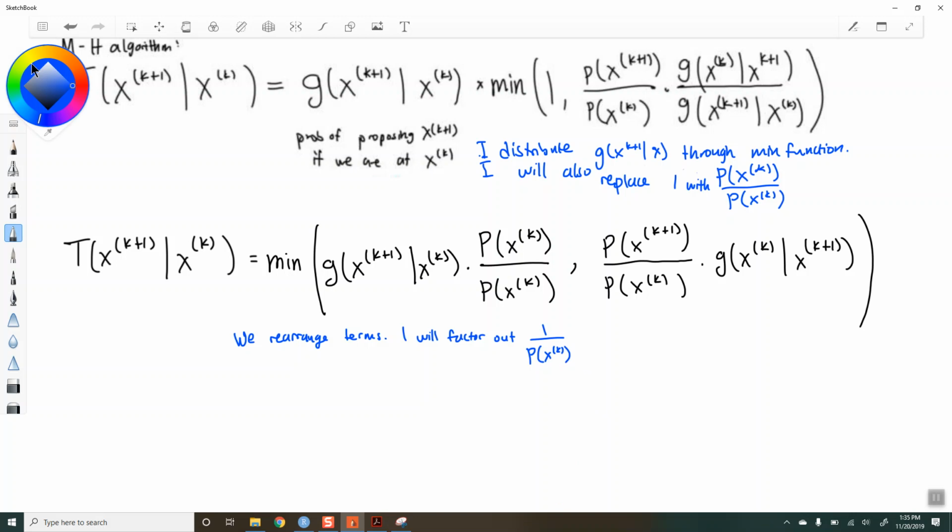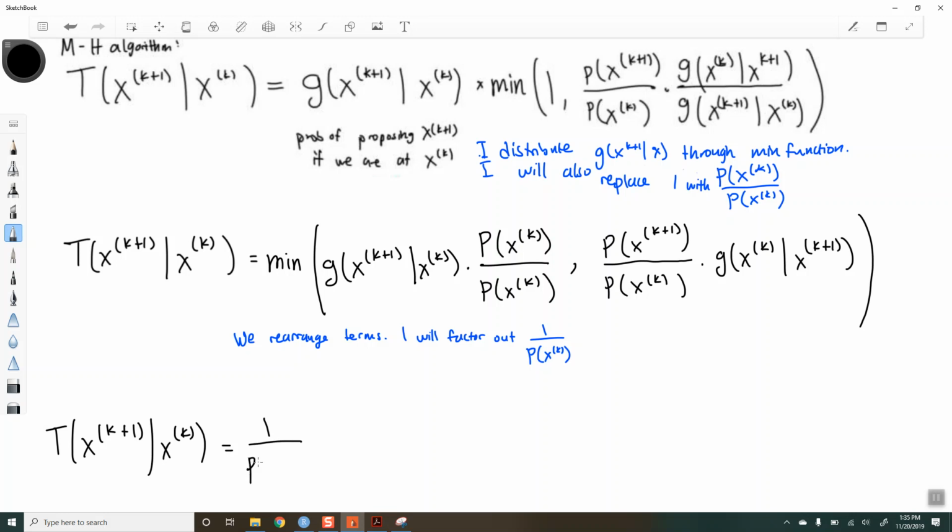Okay, factor that out. So the transition probability of going to xk plus 1, given that I'm at xk, is equal to 1 divided by the probability of xk, times the minimum of, what do I have?